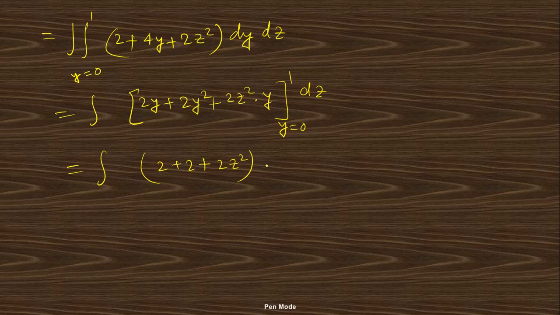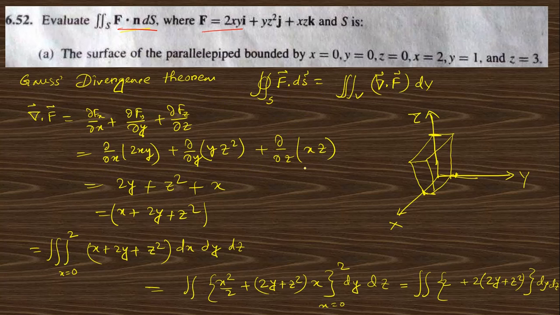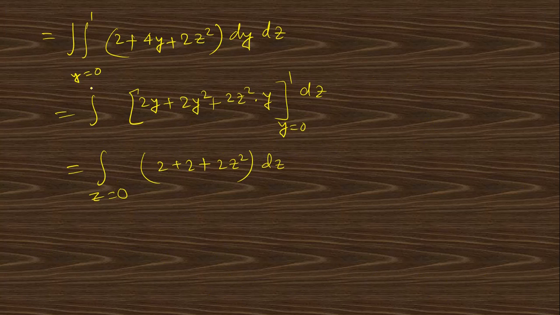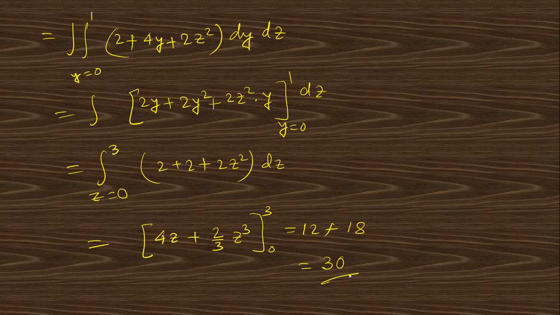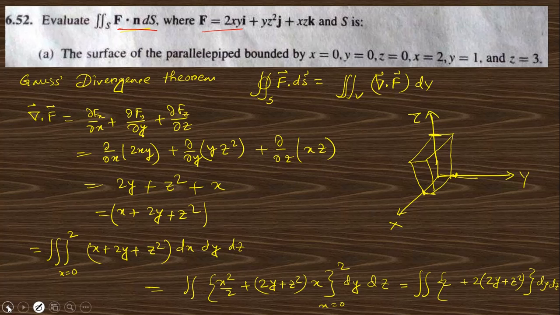Now z is 0 to 3, so this becomes 4z plus 2 by 3 z cube from 0 to 3. This is 12 plus 18, which gives you 30. This is the answer to this question.